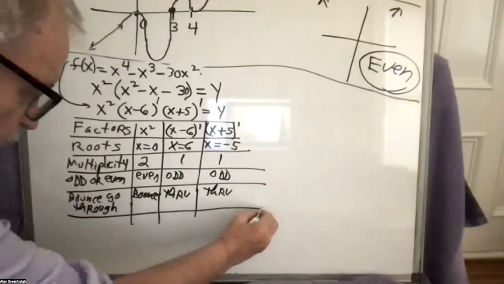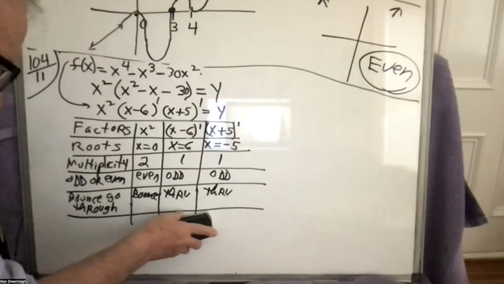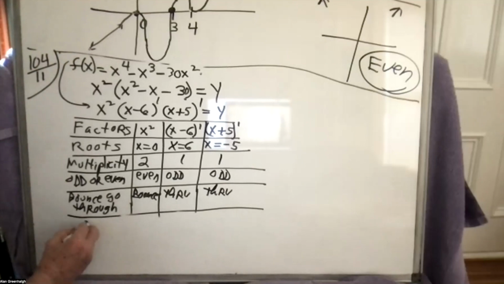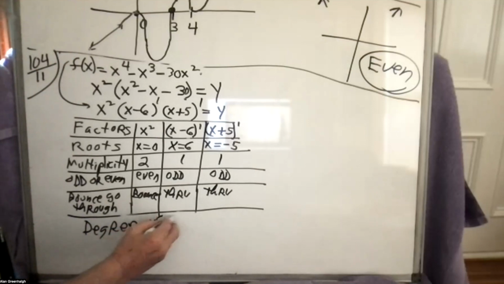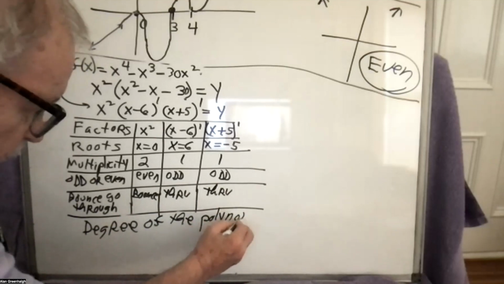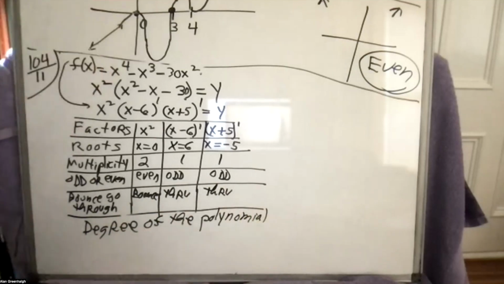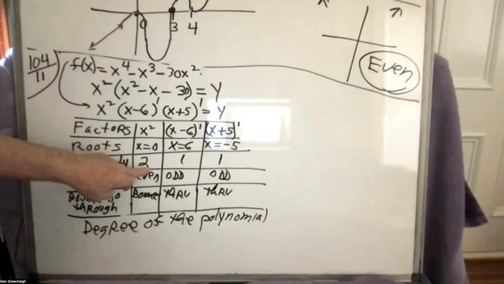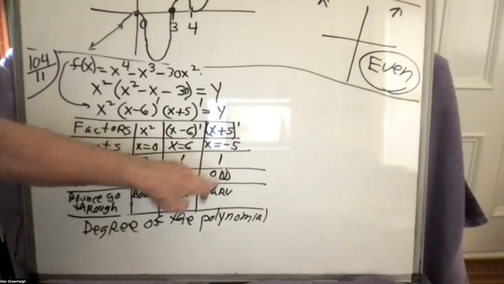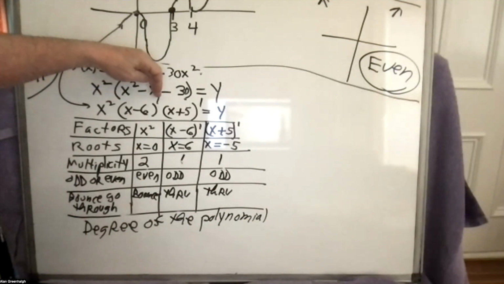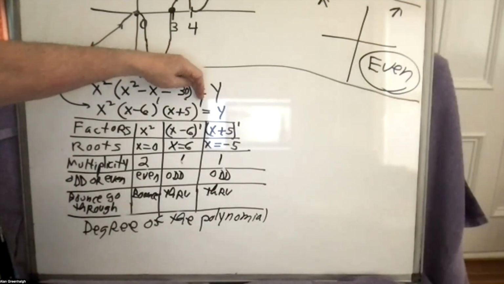Now we need to know the end behavior and the degree of the polynomial. So the next step is to find the degree of the polynomial. Remember, the degree of the polynomial will simply be the sum of the multiplicities. 2 plus 1 plus 1, better known as the sum of the exponents. 2 plus 1 is 3, plus 1 is 4.